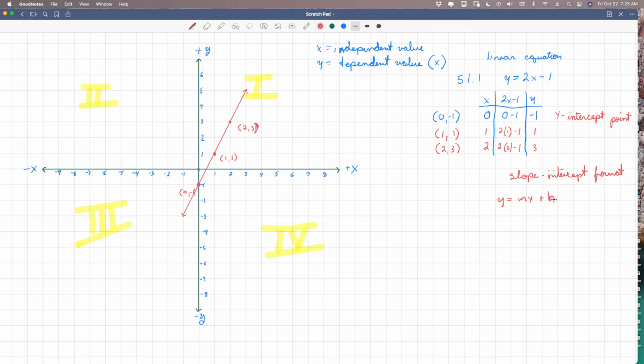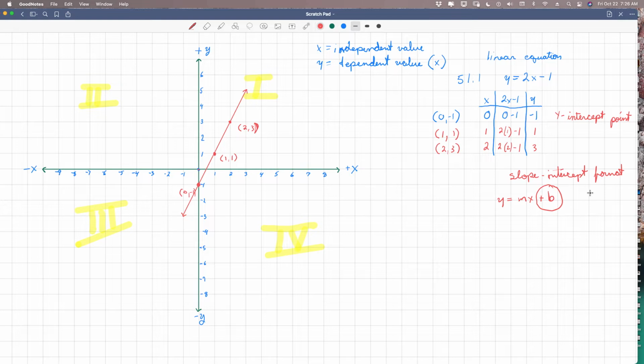And as long as your line is in this format, as long as you have solved for y and you have your x term first, you can look at this linear equation and know certain things. And we're not going to go into all of the things right now, but recognize that whatever this plus b is right here is going to be the value of your y when x is 0. That's really all you need to know right now. We're going to go into more of this later.